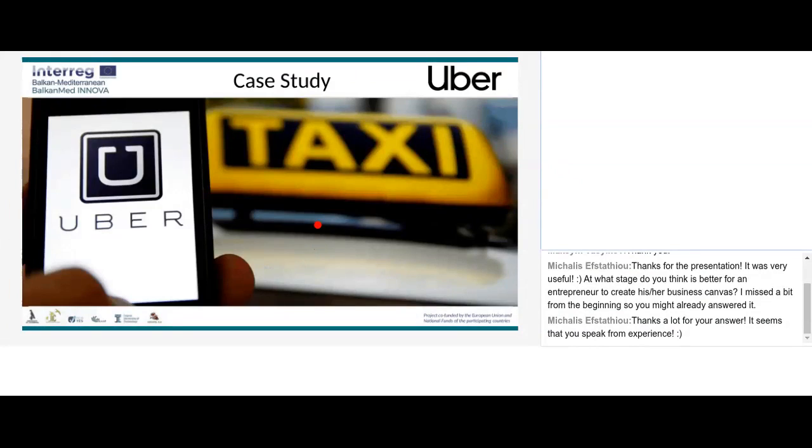So let's proceed with part 2 of this webinar, which is the case study. We are going to examine Uber as a case study. I think most of you know what Uber is. The reason I decided to pick Uber is because Uber did really well.